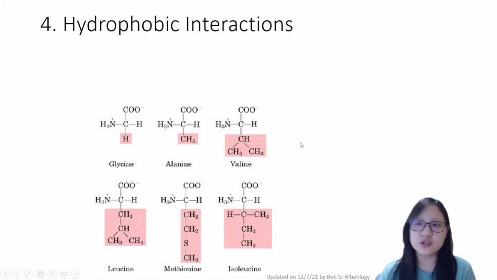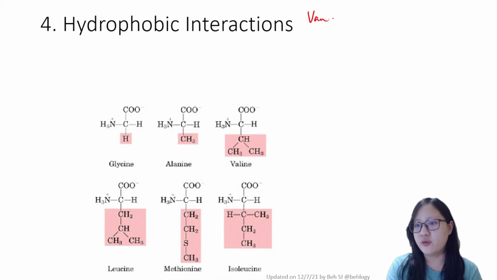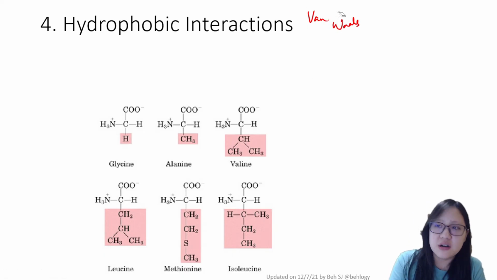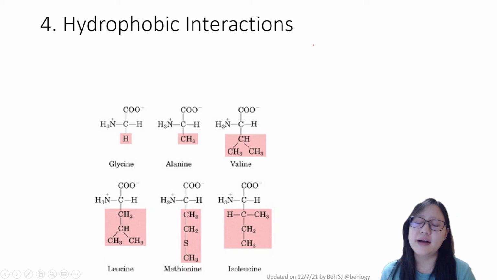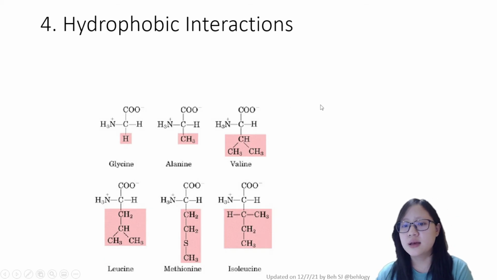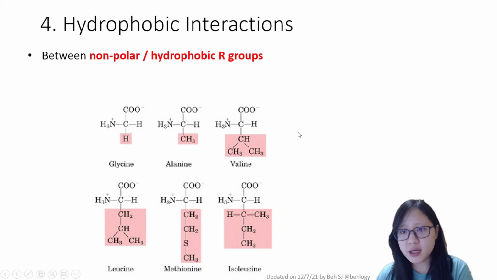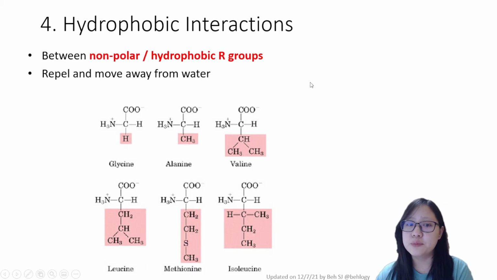If you do chemistry, you might know this as van der Waals forces, but we don't actually use this term in bio. We use the term hydrophobic interactions. And the idea is that non-polar amino acids, or amino acids with hydrophobic R groups, are going to clump together. They're going to repel and move away from water.